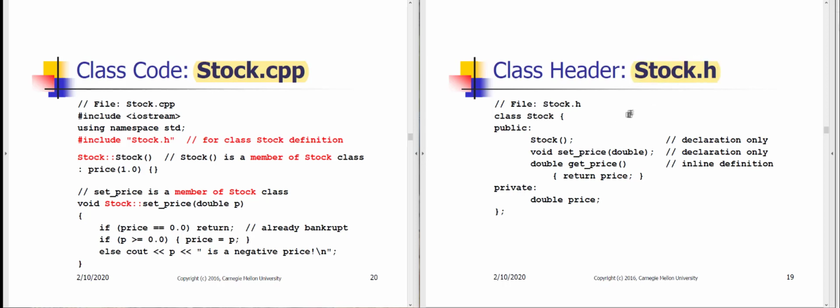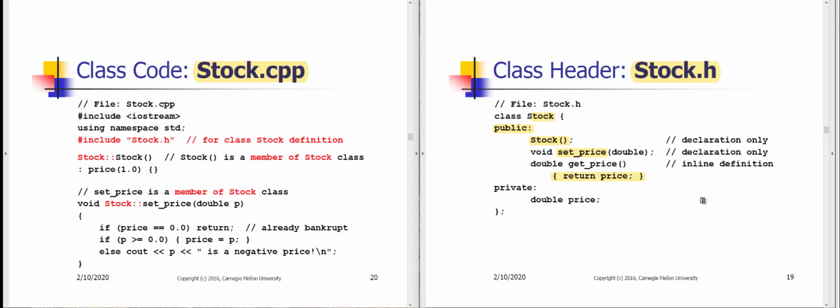And this header tells someone who wants to use this class that the name of the class is stock, and that it has three public member functions, namely a default constructor, a function called setPrice that expects to receive a double as its argument and that returns void, and finally a function called getPrice that takes no argument and returns a double.